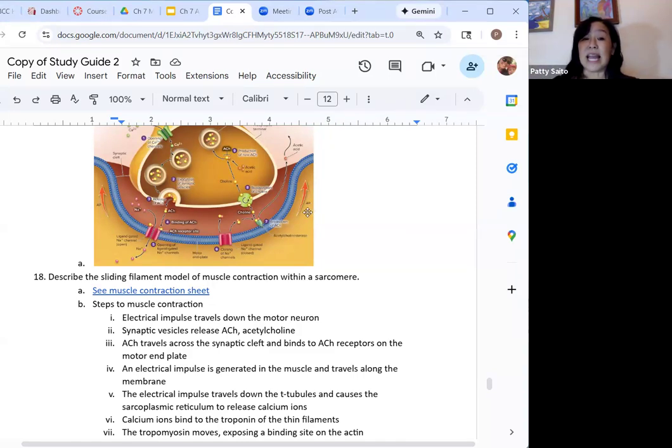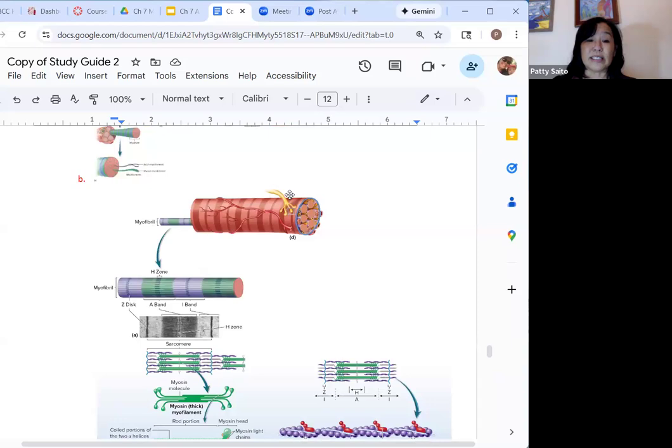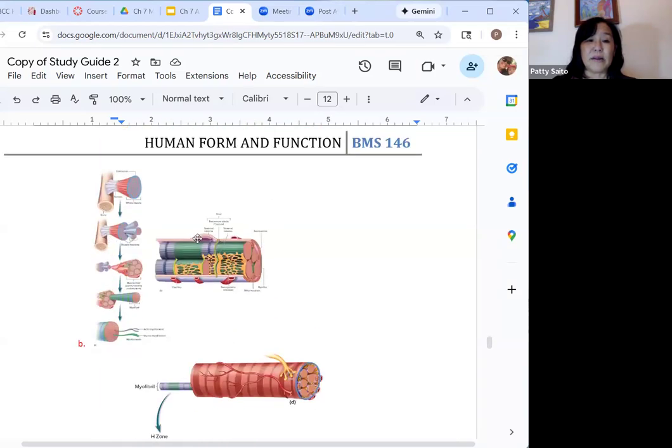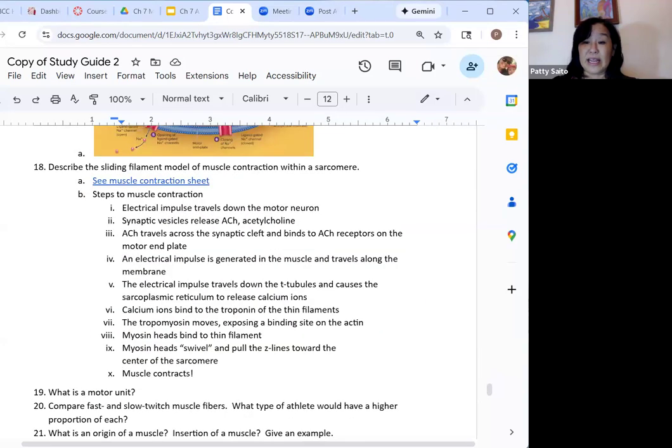So the AP means action potential. That is this electrical message that's going to move along the surface of the muscle. Okay, so it travels along the surface and it's going to make its way down this little pathway into the center of the muscle fiber. Okay, now I'm going to have to go back to my picture.